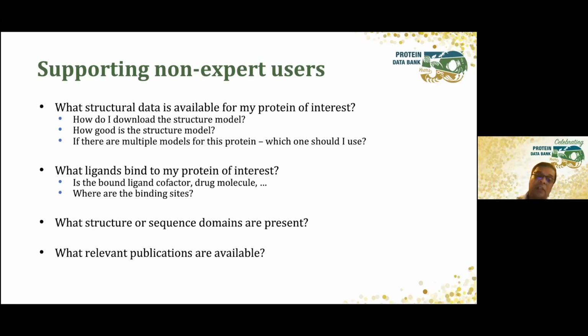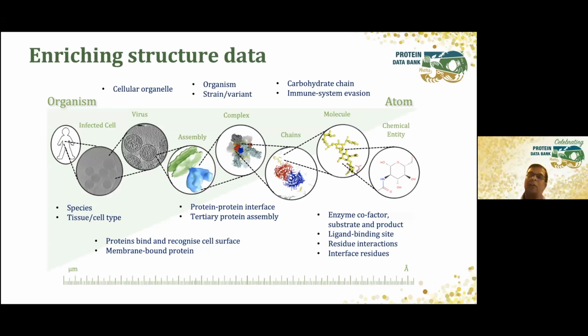And so what we need is, alongside the PDB information, we need to enrich this data. And that enrichment can happen at different levels. So we could have enrichment at the chemical entity level, which means you can say a molecule that is observed in the PDB is actually a cofactor or a substrate or a drug molecule, to that there is a complex or an assembly of multiple proteins that is functional in a biological system.